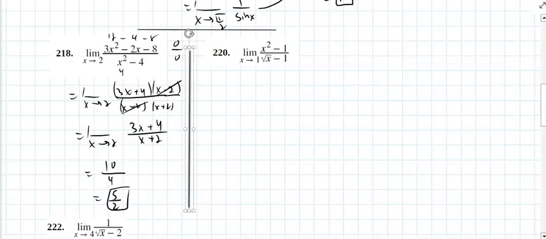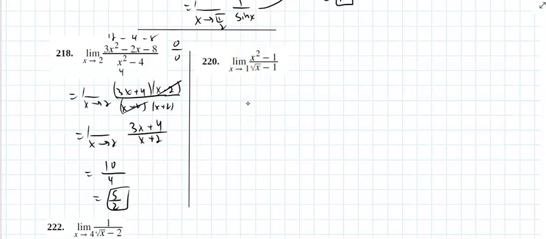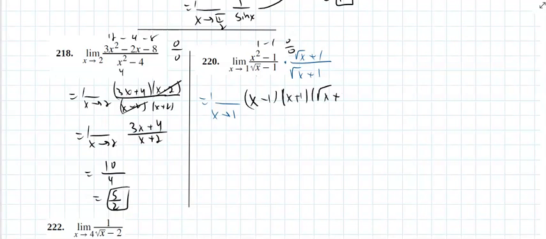The next problem, I see a rational and I see a radical. I plug one in. 1 minus 1 is a 0. And 1 minus 1 is a 0, so I'm getting 0 over 0. If I see a radical, I know what to do. I multiply by the conjugate. Hopefully we have that down. Limit as x approaches 1. The top, the x squared minus 1 factors into x minus 1, x plus 1, times the square root of x plus 1.